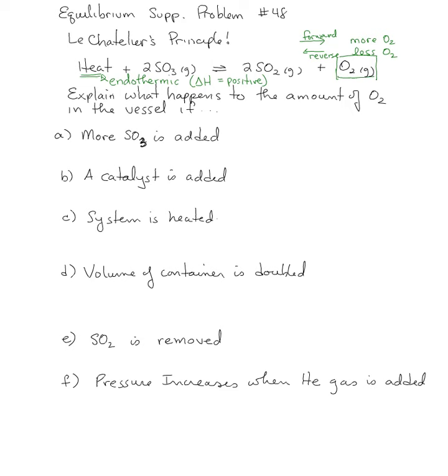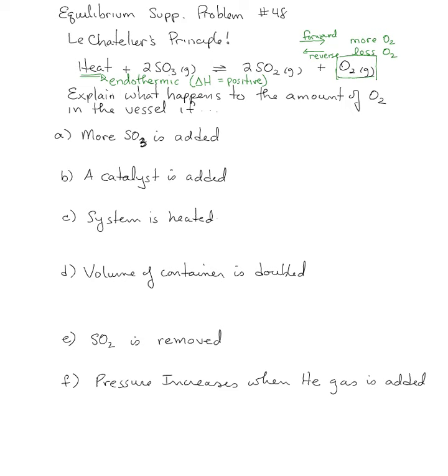Since O2 is a product in the forward direction, shifting forward produces more O2. If the reaction shifted in the reverse direction, O2 would be a reactant in the reverse reaction, and so reactants disappear over time. There'd be less O2 in a reverse shift.